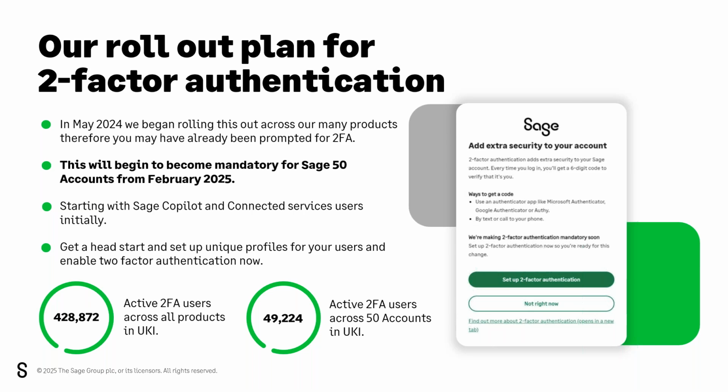This will become mandatory for Sage 50 accounts from February 2025, and I think it's around the 3rd of February. It's going to initially start with Sage Copilot and connected service users. So if you are not using Sage Copilot or connected services, you are not going to be impacted at this moment in time.